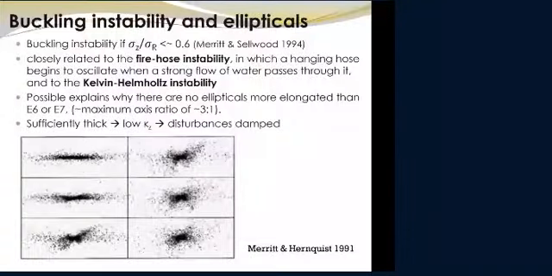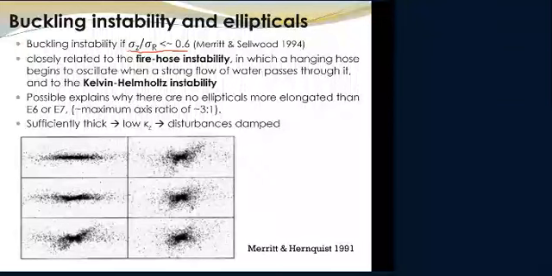Okay, I mentioned the buckling instability, and now we know that the buckling instability criterion is basically that if the vertical random motion is much less than the random motion in the plane, then the whole disk suffers from this buckling instability.